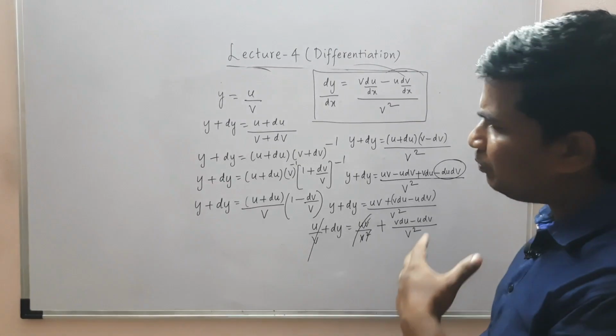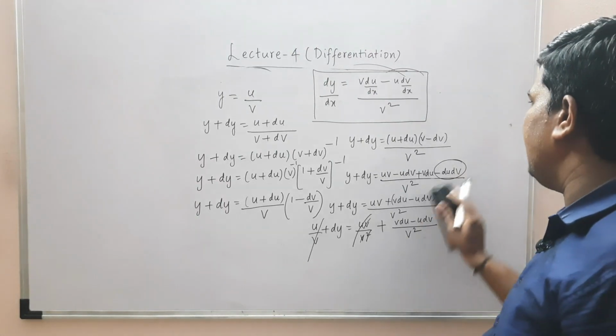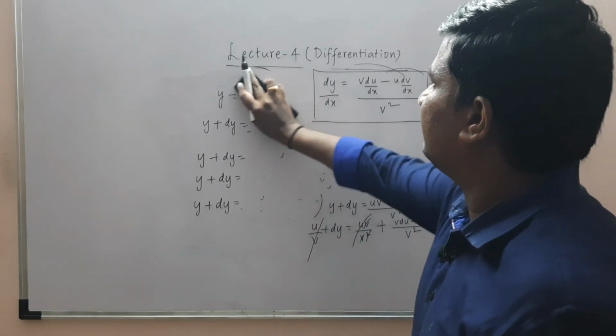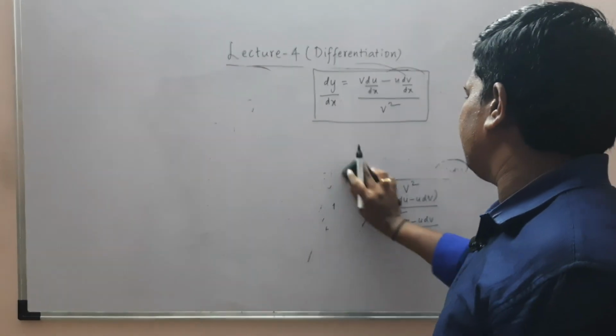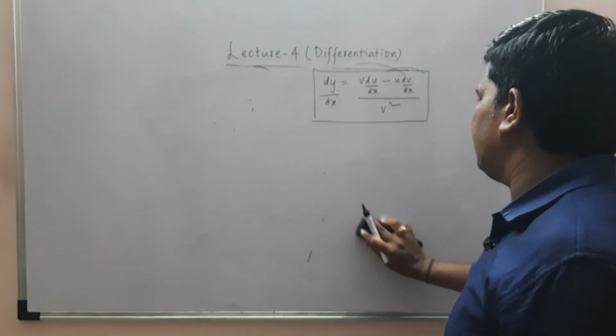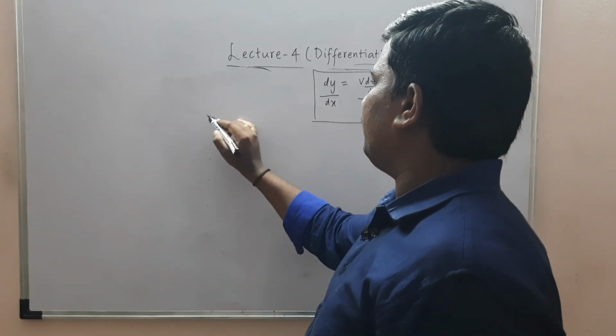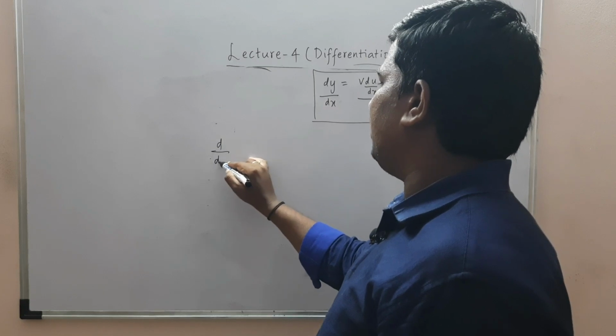How do you remember this? You have d by dx of u by v.